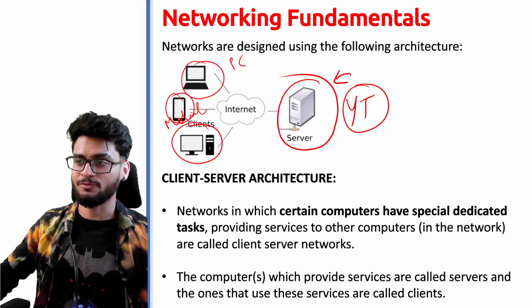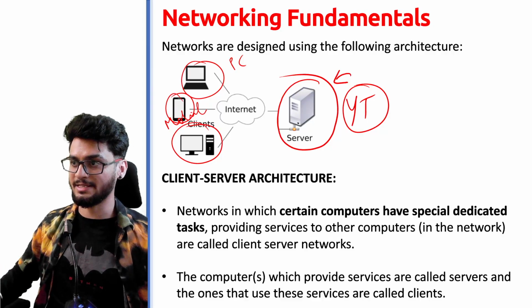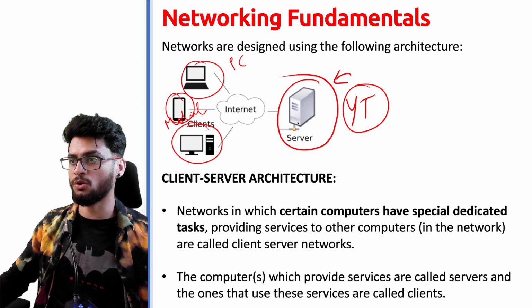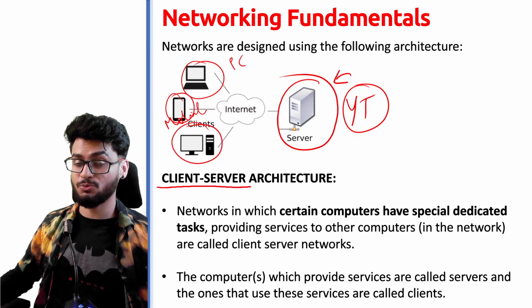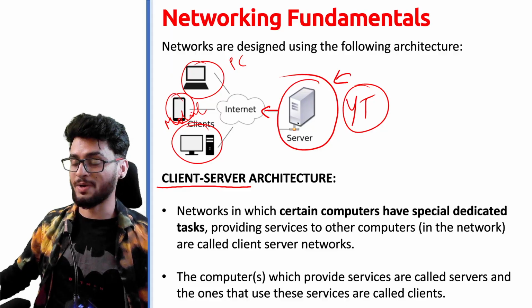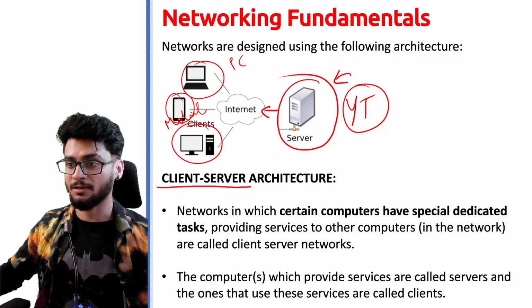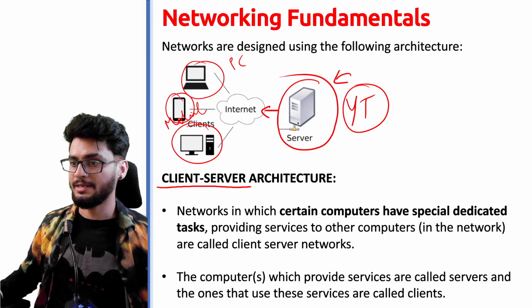In this kind of a network, the YouTube server is more important because it is giving you the videos, it is giving you the shorts and access to all the material on YouTube. So this type of architecture is known as client server. Which one is the client? Which one is the server? So server is the one which provides you some service or some kind of data, whereas the clients are the ones which are using that data. ठीक है?